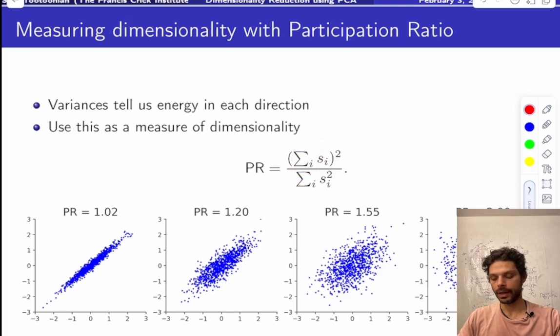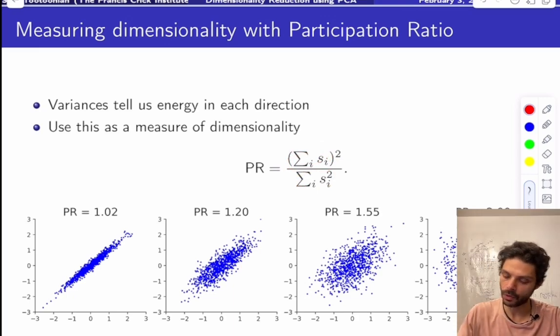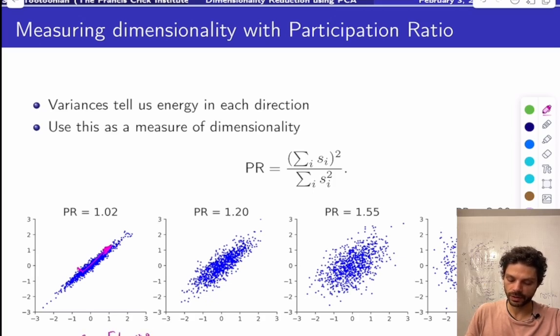To give you some intuition for why it gives the right answer, imagine a couple of extremes, where all of the energy is mostly along one direction. In that case, your S looks like basically 1 and then some small amount.